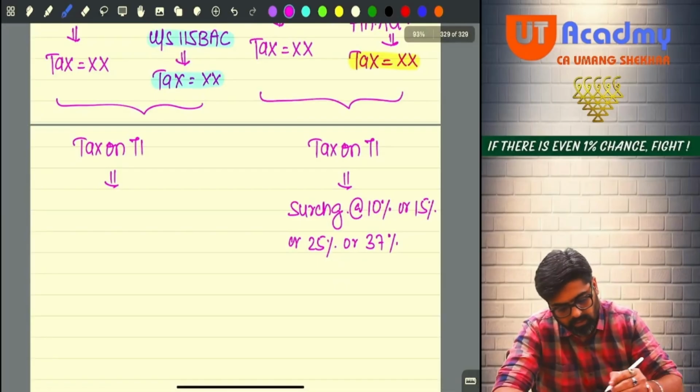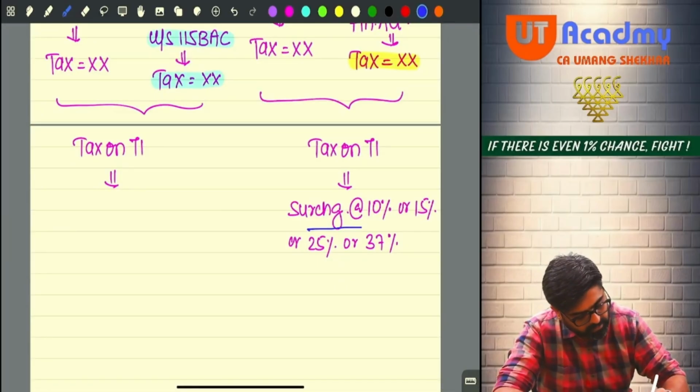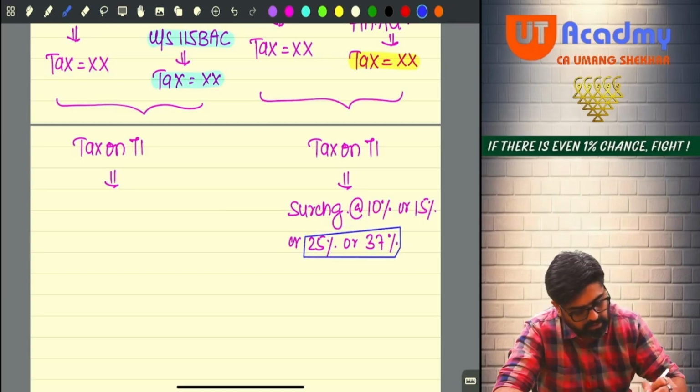And do you know that this 25% and 37% is a higher rate of surcharge?